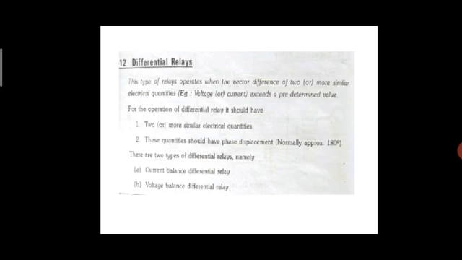For the operation of differential relay, it should have two or more similar electrical quantities. Next, these quantities should have phase displacement, normally approximately 180 degrees.